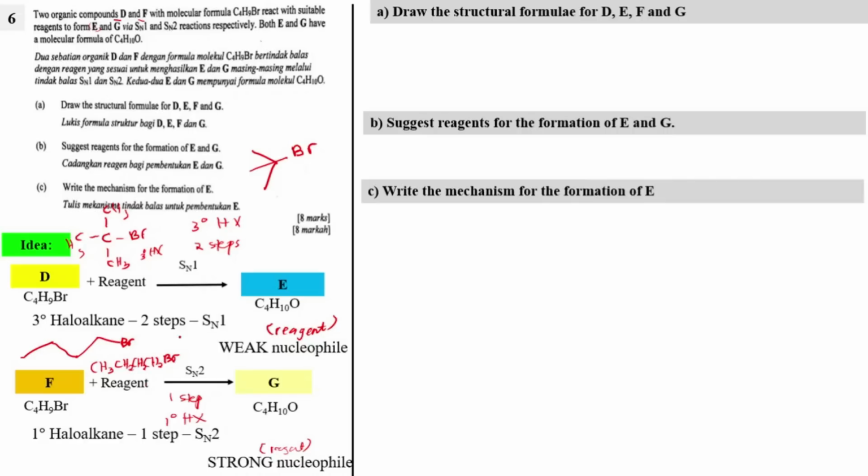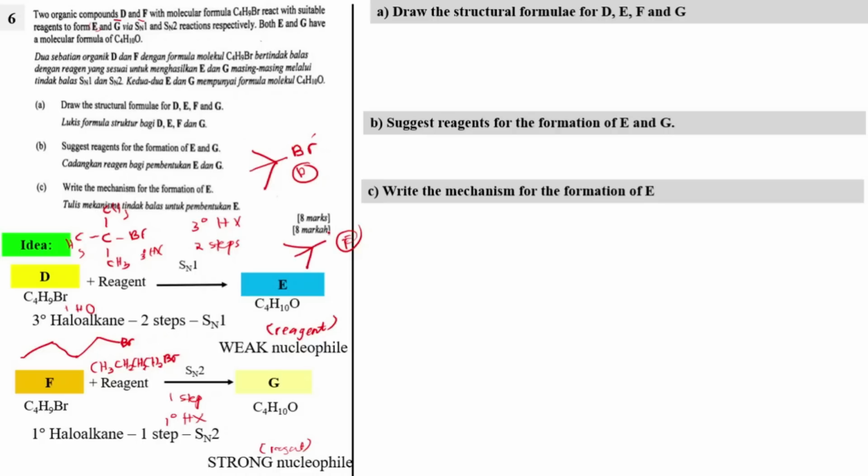And for the product here, the Br one is D. For E, the Br here will be replaced with OH. From C4H9Br, you add another H to become H10, and O is added, so Br will be replaced with OH.